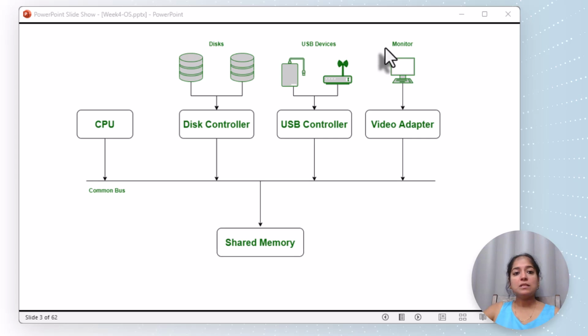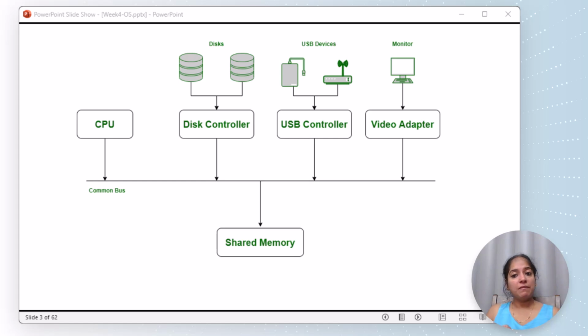This is the structure of the input output system, which is split into hardware and software layers. Input output hardware consists of ports, buses, device controllers, and the devices themselves. Device independent operating system software provides uniform handling of all devices, like buffering, caching, error handling, and so on.